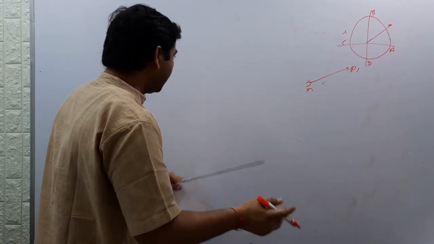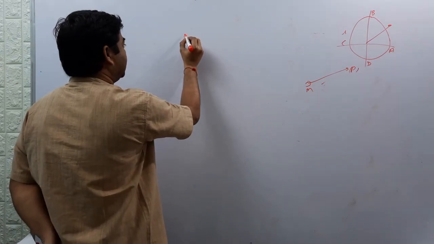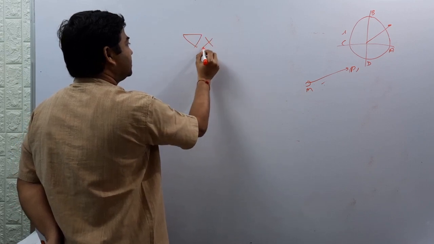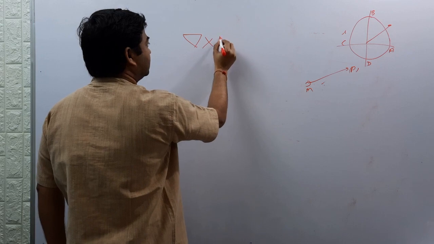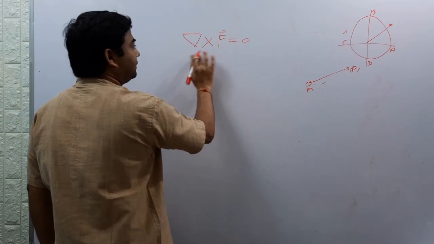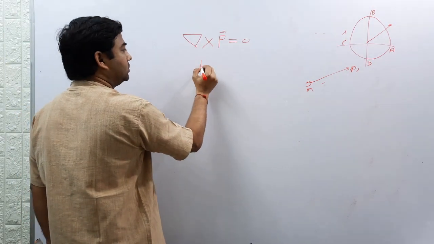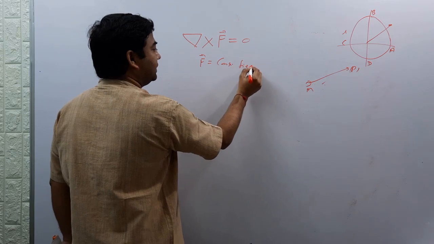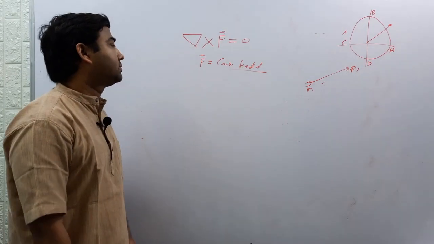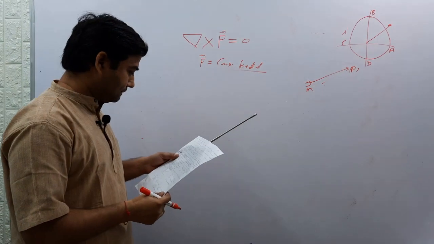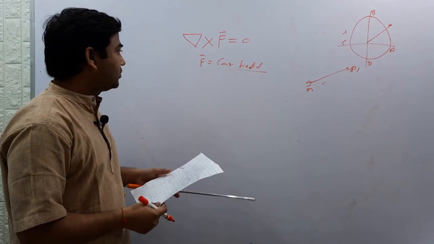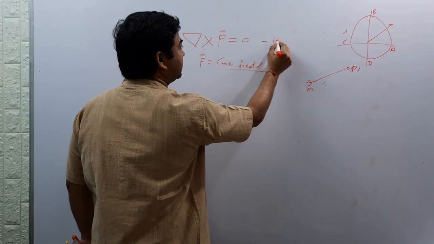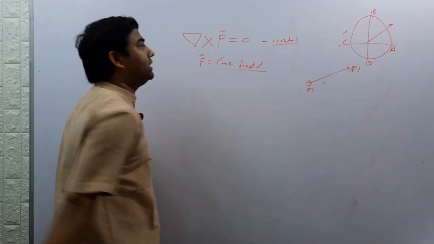Now there is another theorem: for a conservative field, curl is always 0. If the curl of a vector field is 0, then F is also called conservative. F will be a conservative field. We have also defined that if curl is 0, it is irrotational. It is also called an irrotational field.